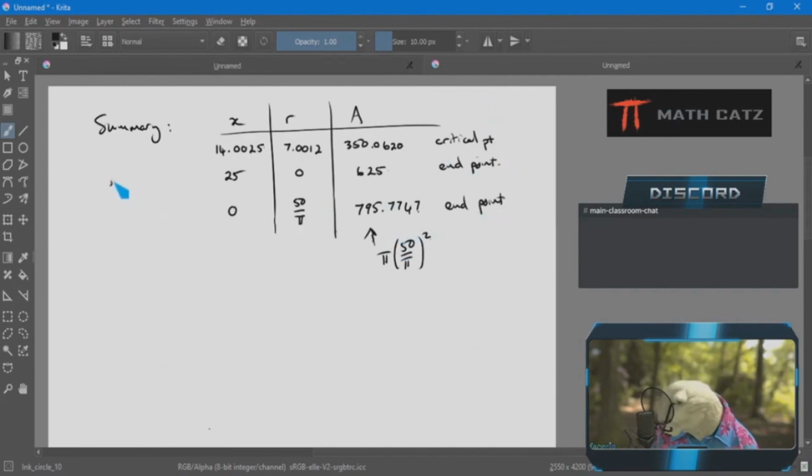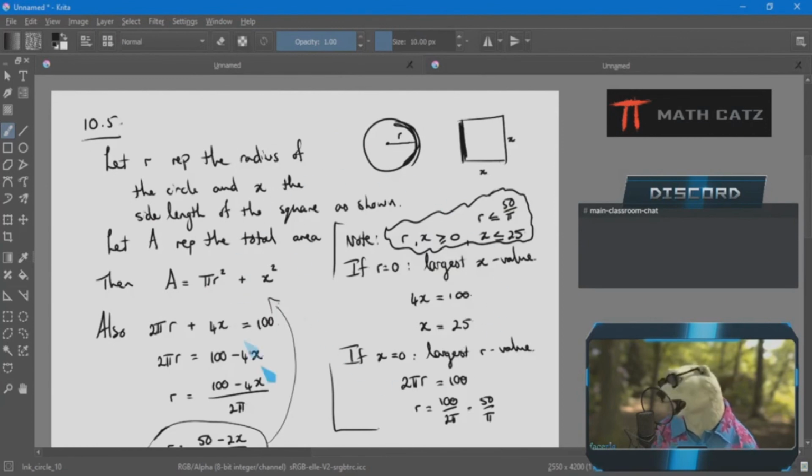So let's say here, just the square, just the circle. So I do have to check the endpoints, because in these practical situations, things are a little bit more complicated, and I don't know what's going to be the best.